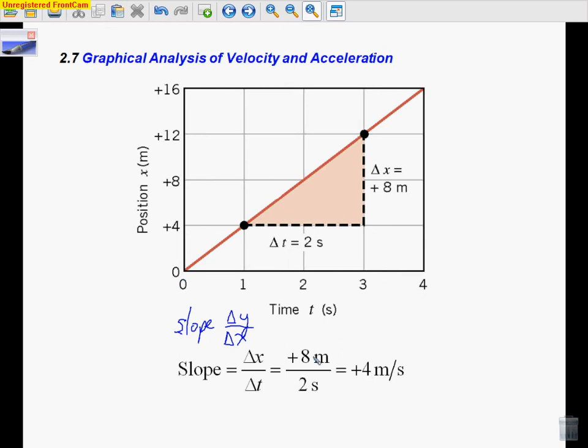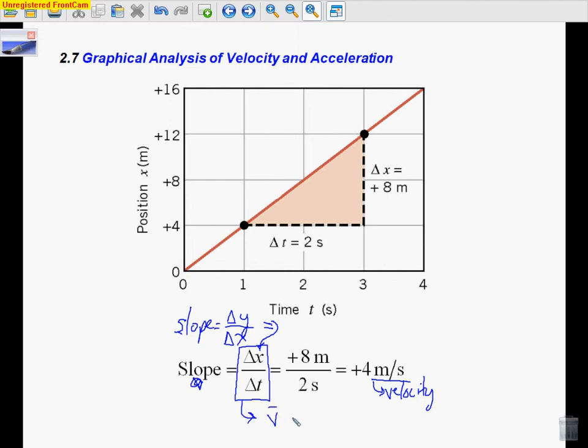Anyhow, if we plug in the units correctly, that works out to be meters per second, which are the units for velocity. Interesting. Another way of looking at this is if you take this slope equation, change in y and change in x, and look at what's on the y and the x-axis, which is what's written right here, this is actually the definition for average velocity.